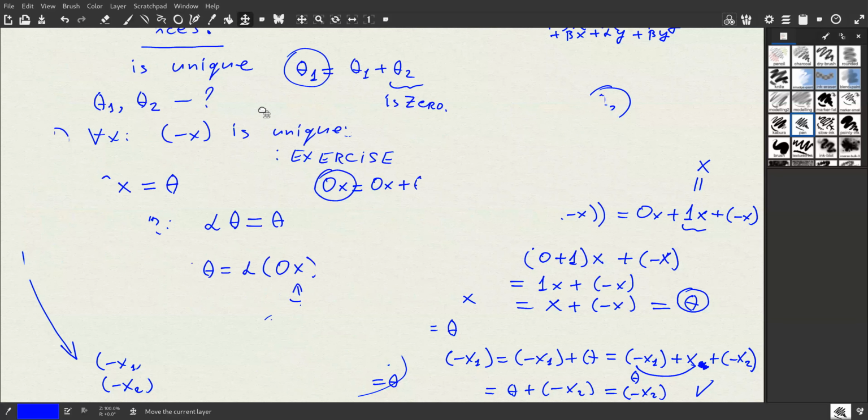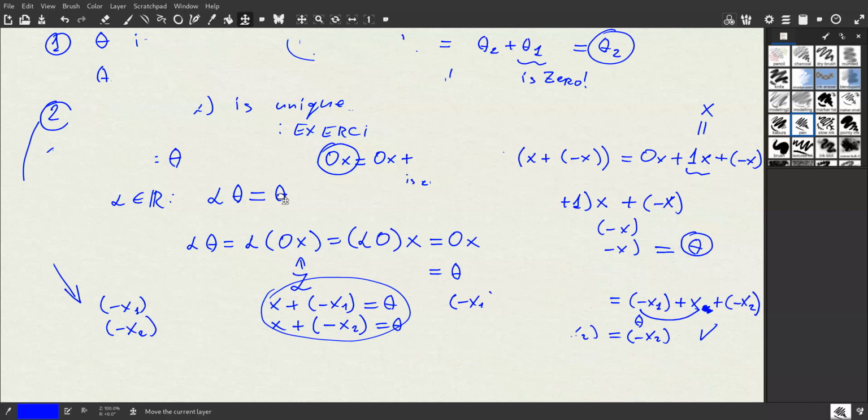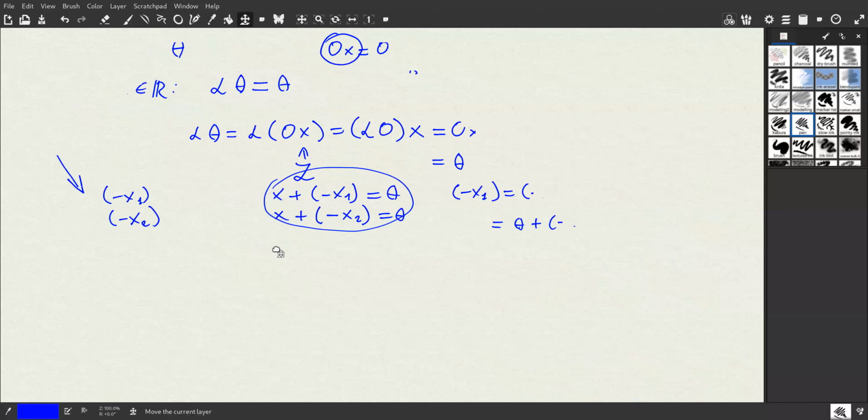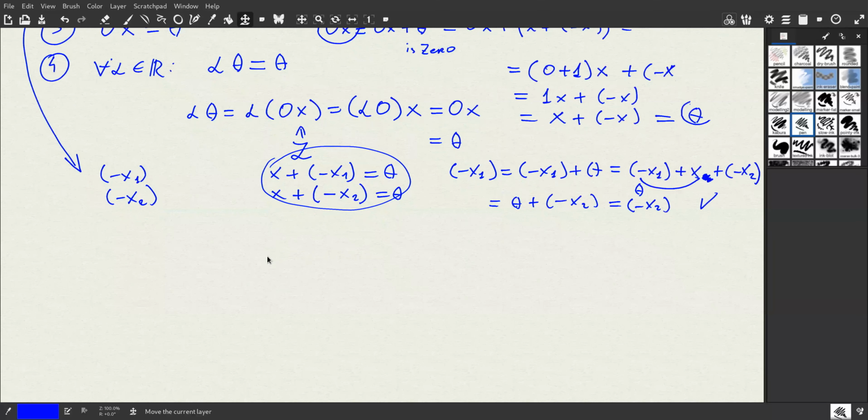We know this from our conventional algebra in real numbers, but x is not a real number, x is a vector. That's why this obvious thing wouldn't quite work. Okay, let's try to do it your way. Yes, because they both equal theta, then of course they're equal to each other.